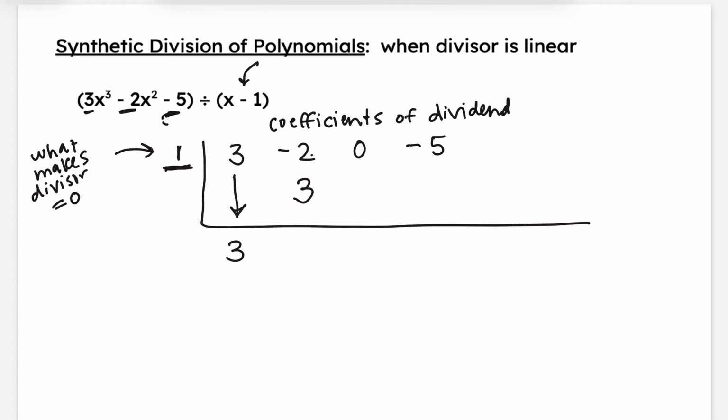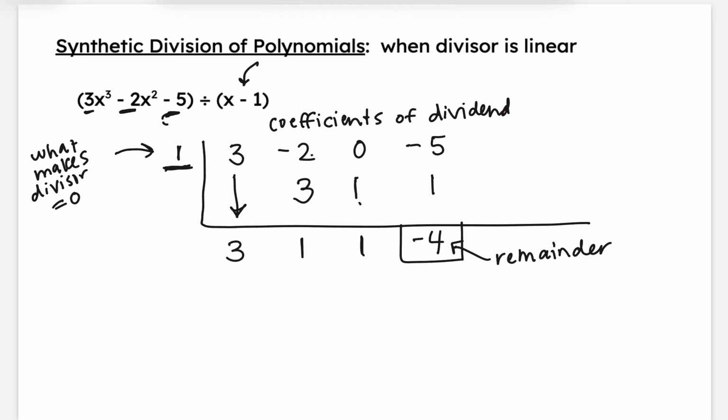So -2 plus 3 would be 1. So we put that right there. Now we multiply again. 1 times 1 is 1. Now we add. 0 plus 1 is 1. Now we multiply. 1 times 1 is 1. And then we add. -5 plus 1 is -4. I always like to draw a box around my final number because that reminds me that that is the remainder.